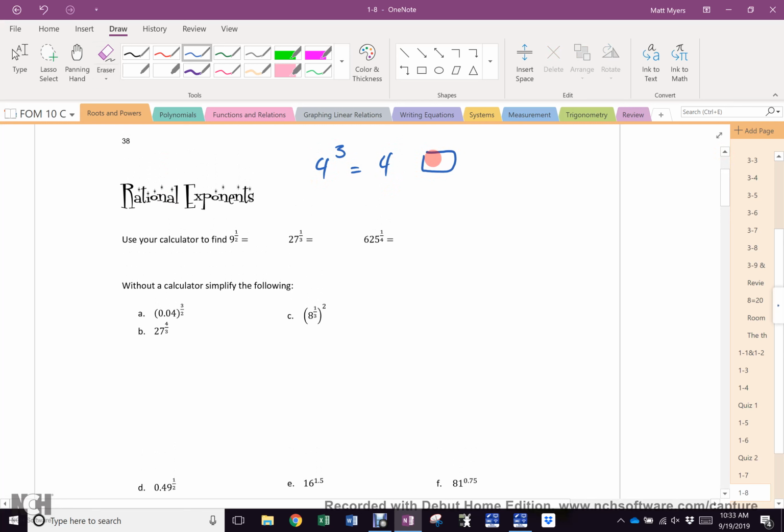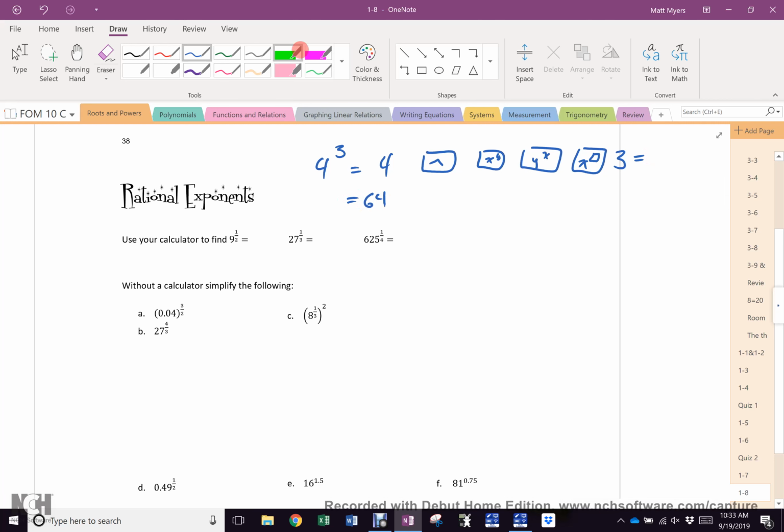Then you would hit a button that looks like either this, X with a little Y, Y with a little X, or the latest calculators, because people are so bad at math, actually show X with a blank. You would hit one of those buttons, then you would hit 3, then you would hit equals, right? All of you can make your calculator give you 64, yes? Every single one of you can do that if you have a calculator in front of you, yes?